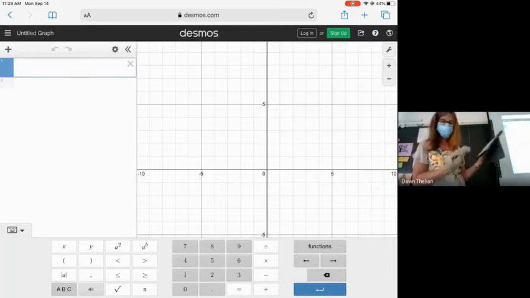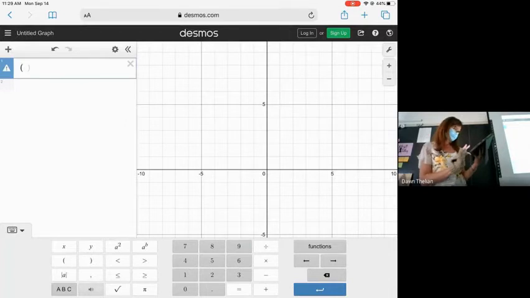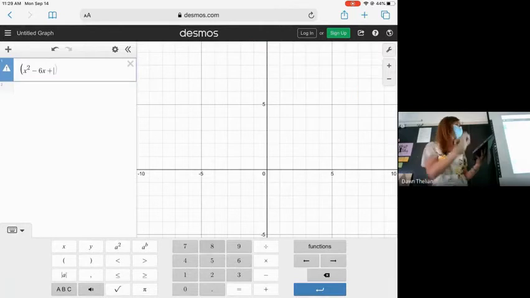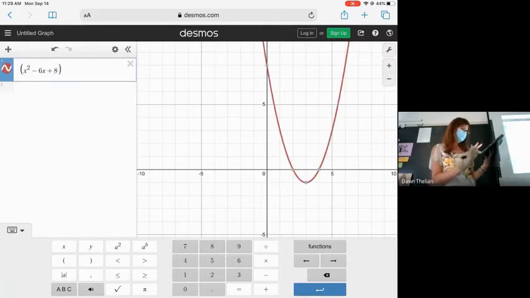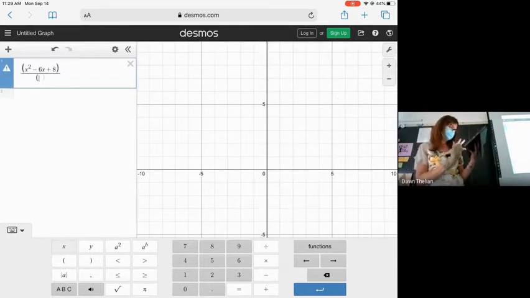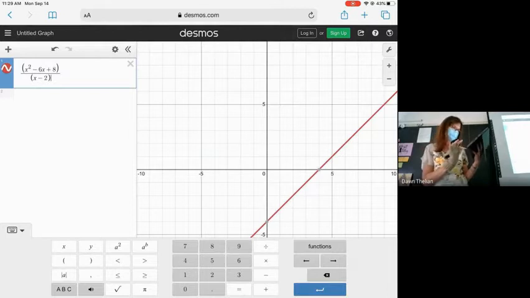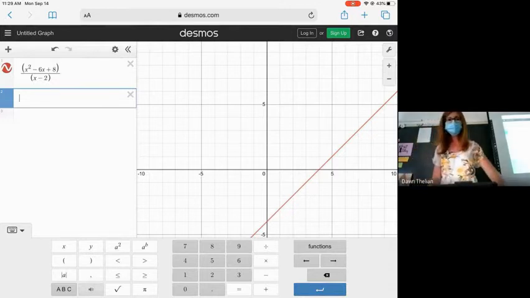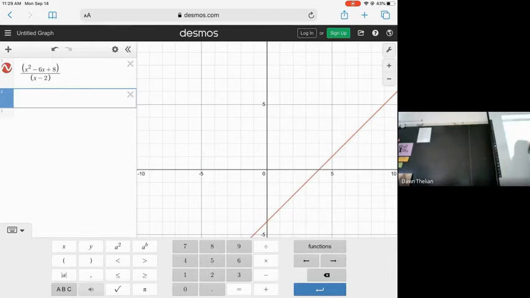X squared minus 6x plus 8, all in parentheses because then it's divided by the entire expression x minus 2. Kind of just looks like a line, right? Y-intercept, there's the line in red there.